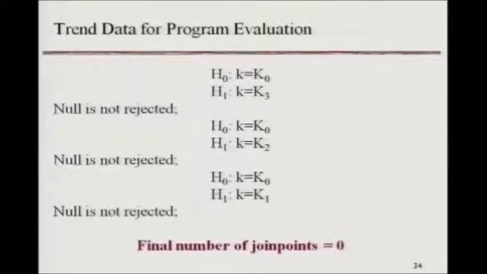But now the alternative hypothesis, H1, is 2 join points instead of 3. We've backed off of that. The null of 0 isn't rejected again. So now it's 0 versus 1 inflection point. The null is not rejected again, where the procedure is telling us there are no inflection points at all.